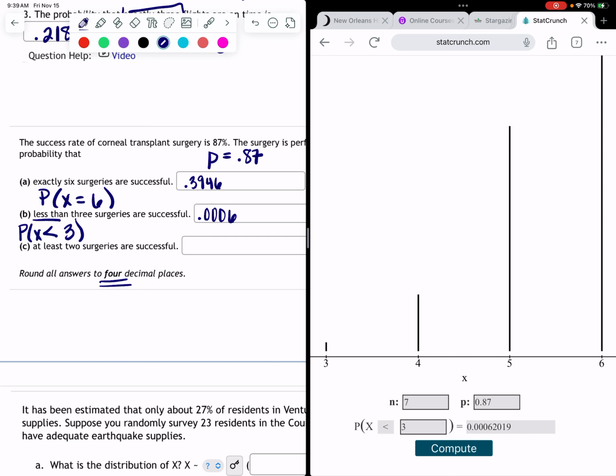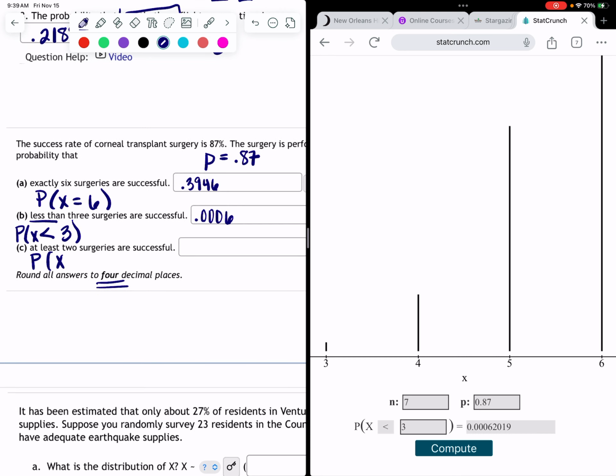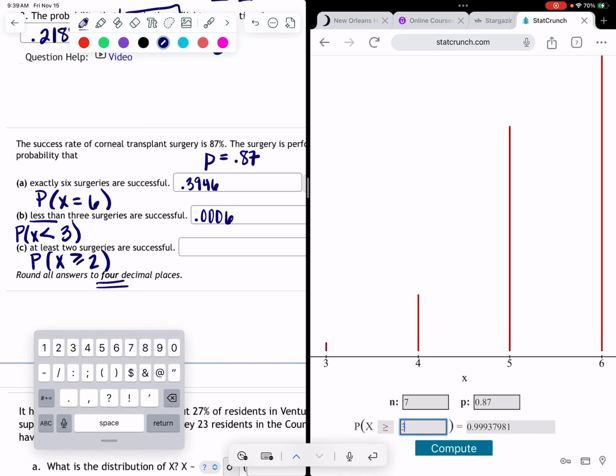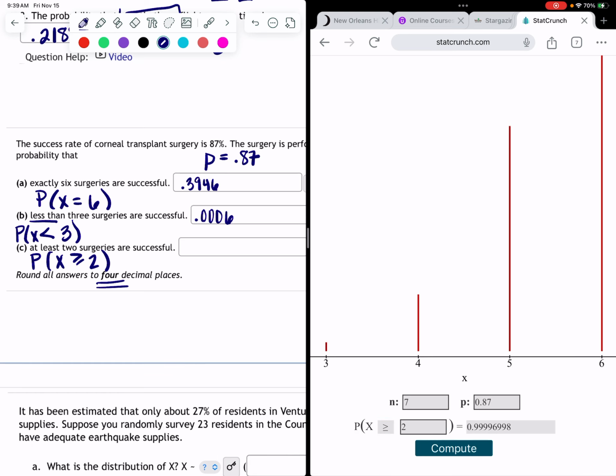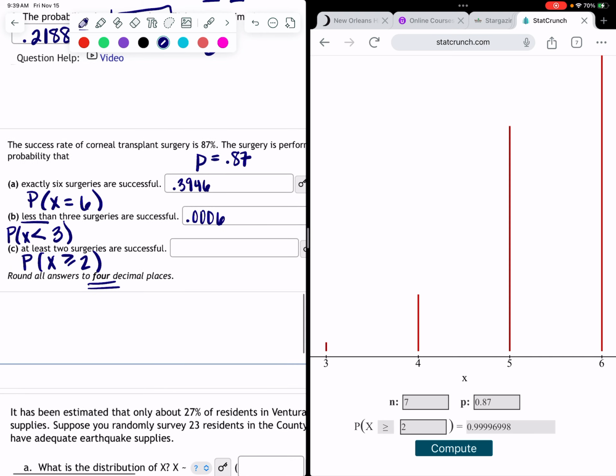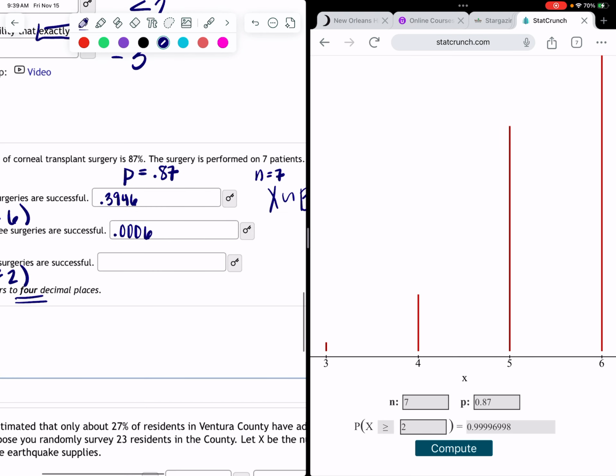At least 2 surgeries. That's greater than or equal to 2. So the probability that at least 2 surgeries are successful. Now, if I round this number to 4 decimal places, that's the 9 right there.